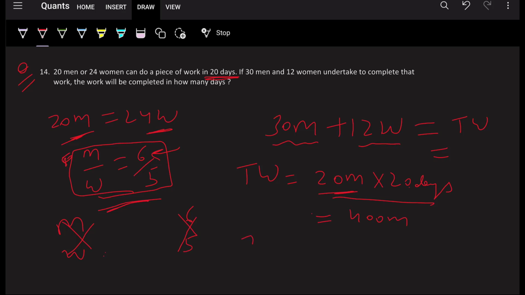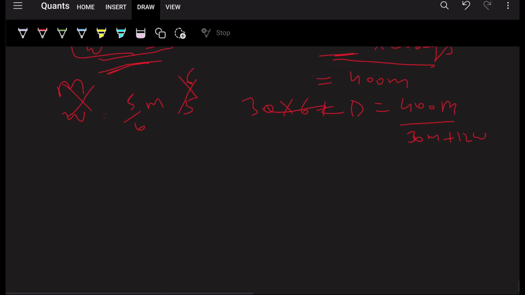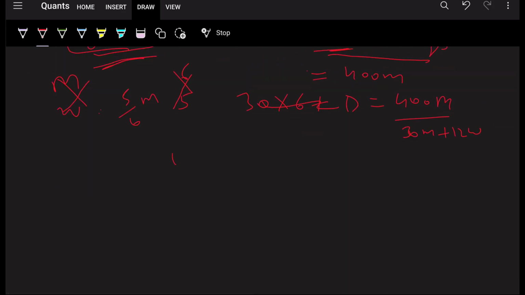Now I will do the question. So 30 into 6 plus 12 into 5, into the number of days d. So d is equal to 400 m divided by 30 m plus 12 w, and I can see that w is nothing but 5 by 6 of m.